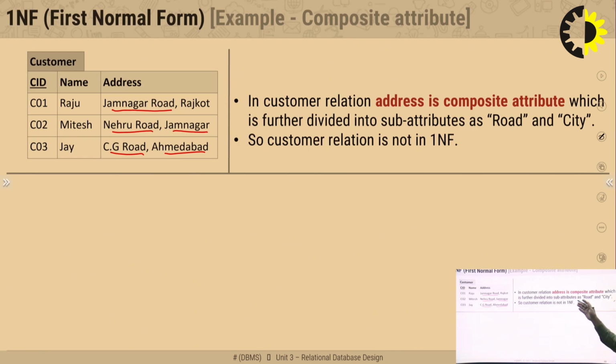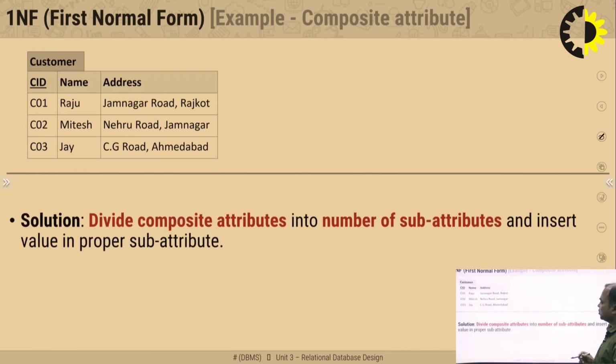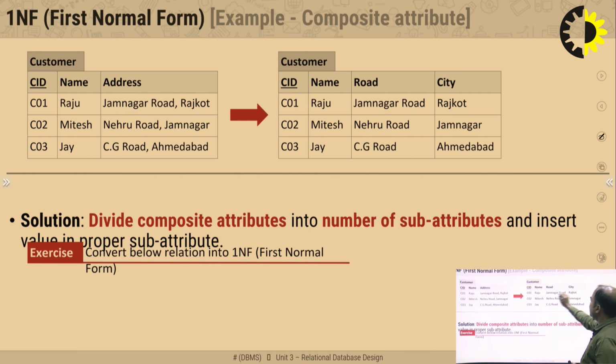Clear? So we divide this. We just have road and city columns like this. Here we can see it. We can divide this table like this. Now it is an atomic value. Nothing is repeated in the same cell. So this is how we take this table to normal form.